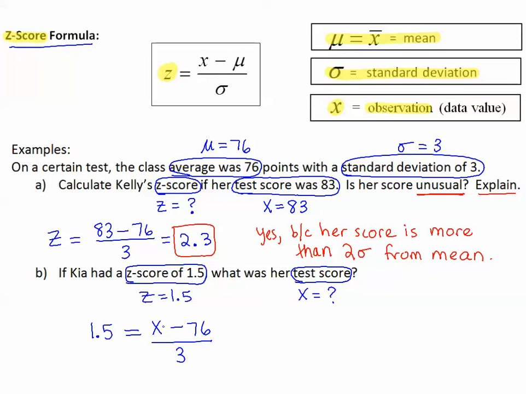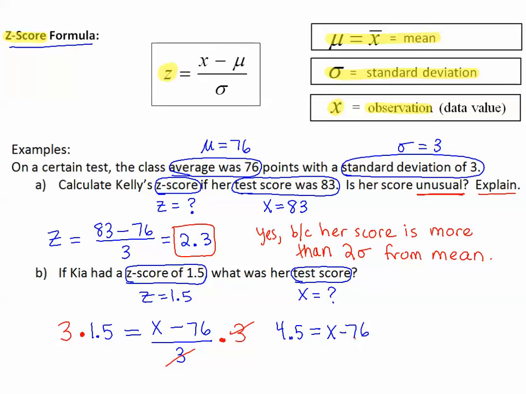How do we get this x? We have to undo this equation or solve for x. So remember, the last thing we would do here is divide by 3. So to make the divide by 3 go away, we multiply both sides by 3, since multiplying is the inverse of dividing. That gets rid of our 3, and we end up with 4.5, because 3 times 1.5 makes 4.5, equal x minus 76.